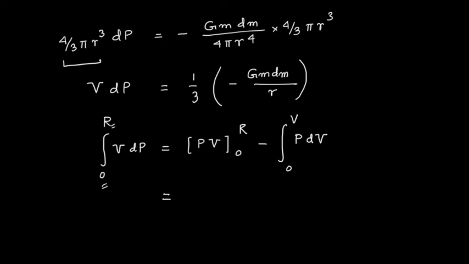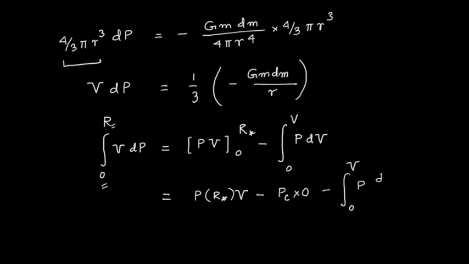Now, what is this middle term? The middle term is the pressure at the stellar radius, R star, times the total volume of the star, minus the pressure at the core, which is 0, times the volume at the center, which is 0, minus 0 to V P dV.